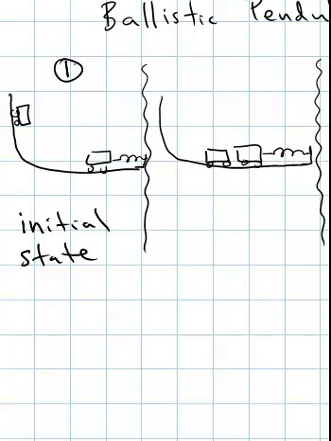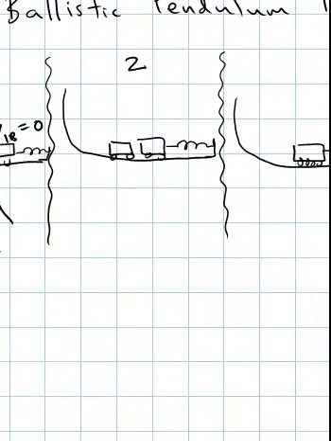This is going to be V1 for, I'm going to call this cart A, and V1 for cart B is also 0. Nothing's moving here. We're going to release cart A from rest, and it's going to slide down the hill, and in my case condition 2 here, this is the split second before the collision.